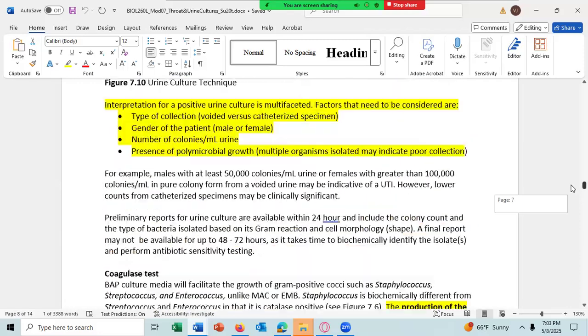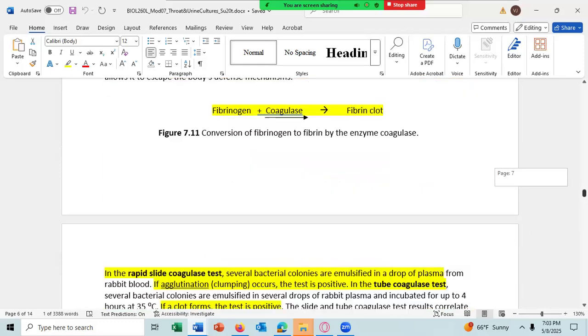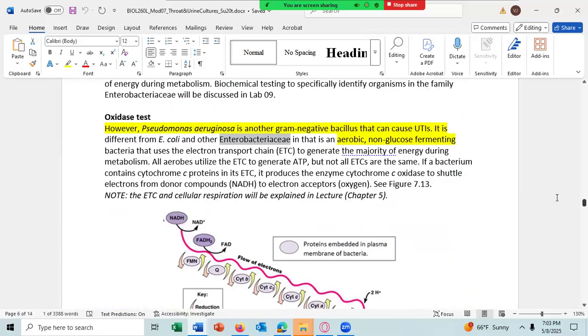So if you have a urinary tract infection which grows on MacConkey's plate or EMB, then we do the oxidase test to determine whether it's from the family Enterobacteriaceae or the family Pseudomonaceae. There are other ways to distinguish them.